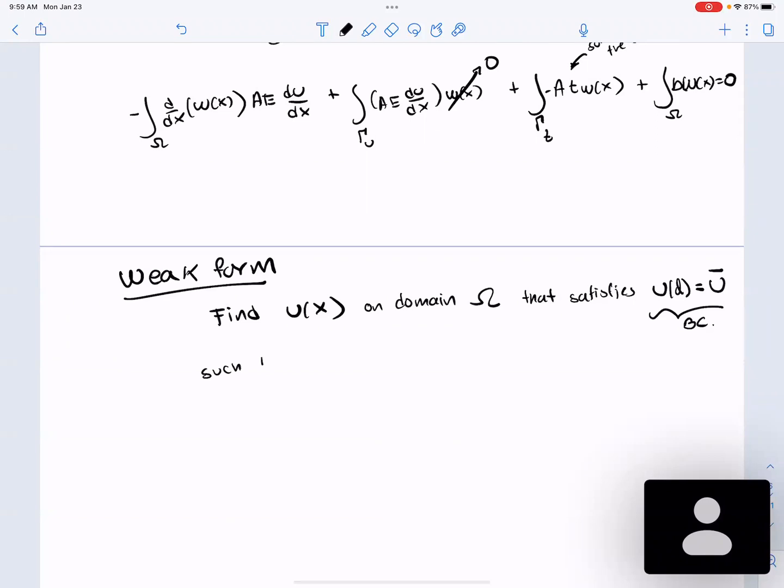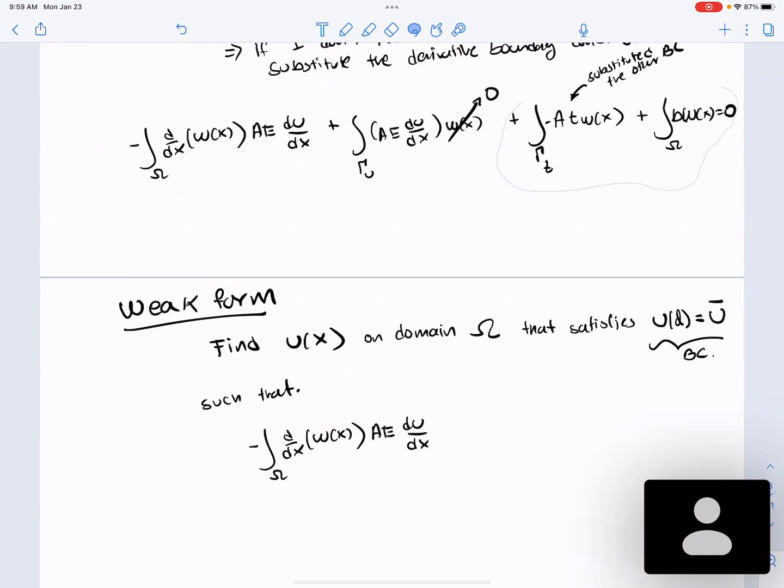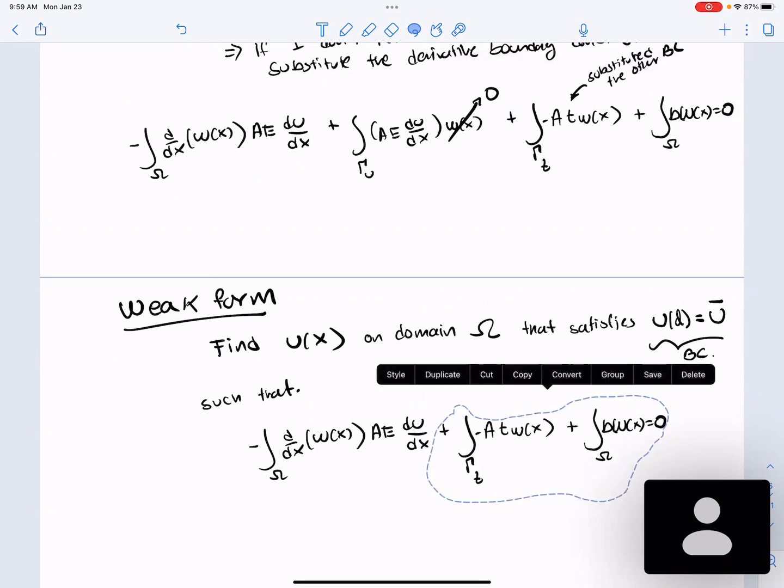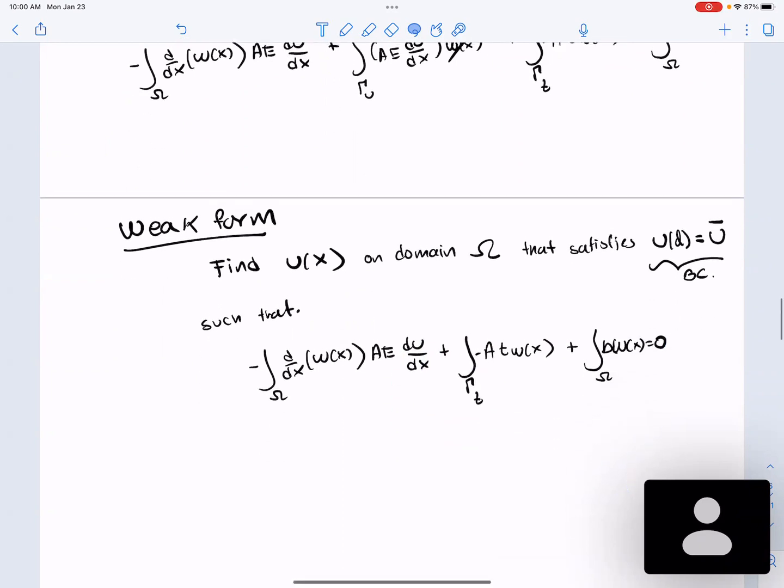Such that this, let me copy, such that this equals 0 for all W of X with W of L equals 0.